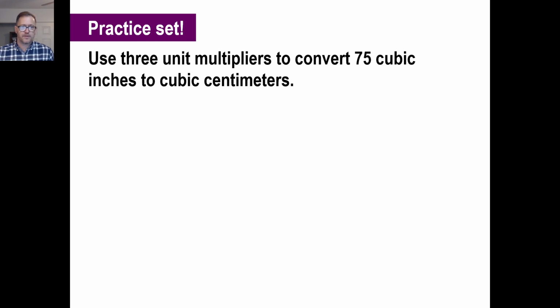All right, here is C. Use 3 unit multipliers to convert 75 cubic inches to cubic centimeters, okay? And again, no thinking, just write what you're given. 75 cubic inches. You don't have to think. You just know you're going to have 3 fractions with inches to undo that.